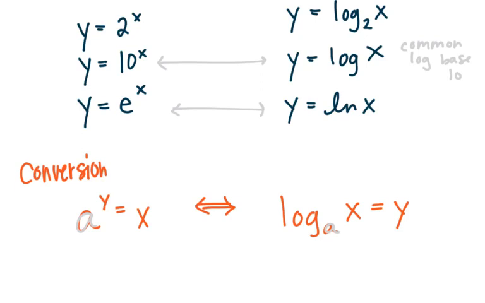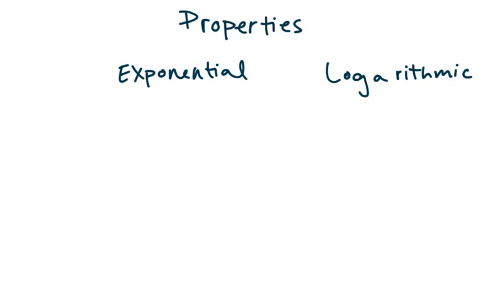And then I want to review a couple of our power, product, quotient rule properties for logarithmic and exponential equations, because sometimes it helps if we can use those first before we apply the calculus. Again, using the algebra first to simplify makes the calculus really easy. So if I make a list of properties, we have a product rule for exponential functions: a to the m times a to the n.